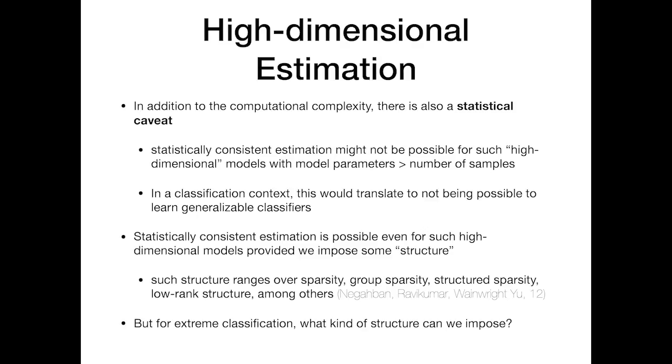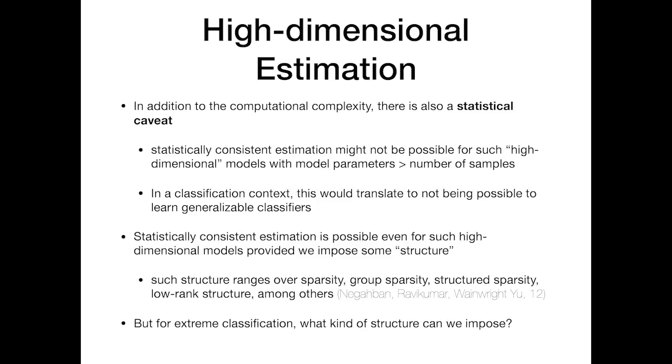Imagine I give you lots of computational resources, access to huge clusters, and you manage to fit your classifier. One thing you need to worry about is not just whether your training error is low, but whether this classifier is generalizable, whether on unseen test data it will perform well. For this, if you are in a very high dimensional context, you are out of luck, in general.